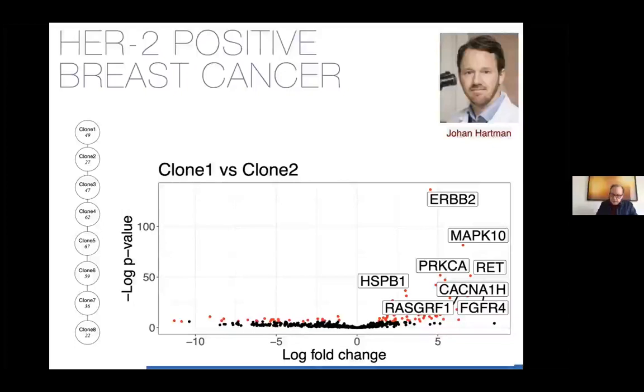And the ones that are more highly expressed in clone 2 are over here. And first of all, this ERBB2, that's a well-known gene associated with this type of breast cancer. And all of the other ones are also typical cancer genes that one could expect to be expressed during the progression of a cancer tumor. So that seems to work very well.